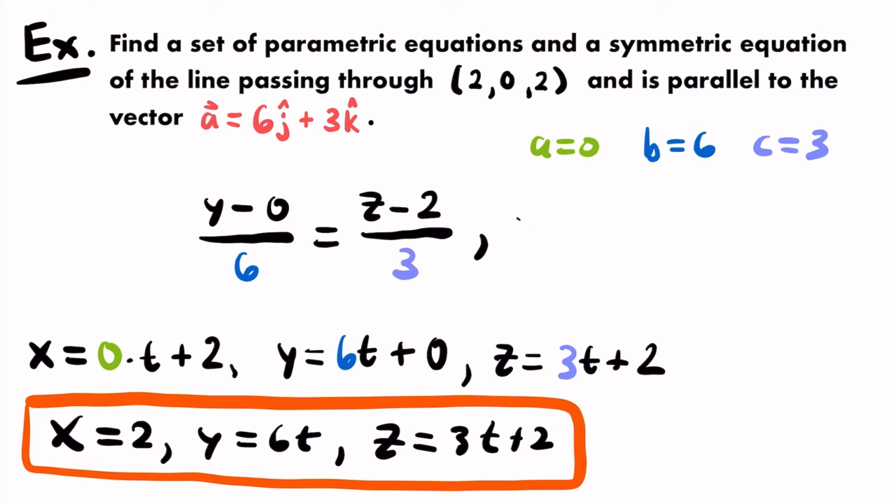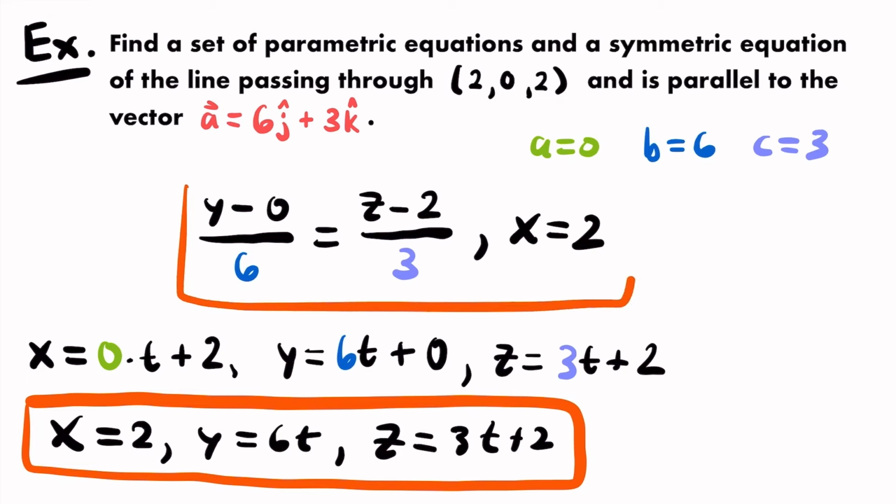All right, so in this case, x equals 2. And we can do that because that parametric equation doesn't have the parameter in it, right? It's just x equals 2. We don't have that parameter of t there. So it's going to be fine for us to include that along with this symmetric equation.